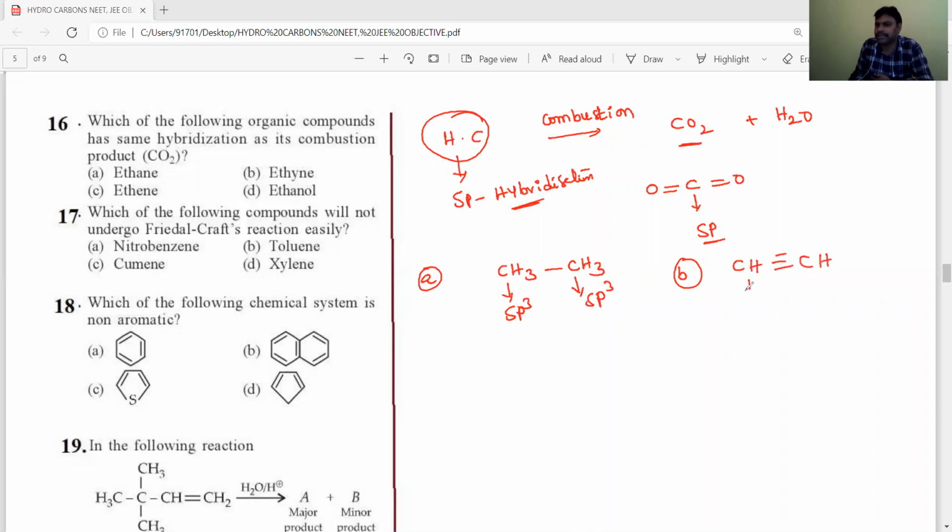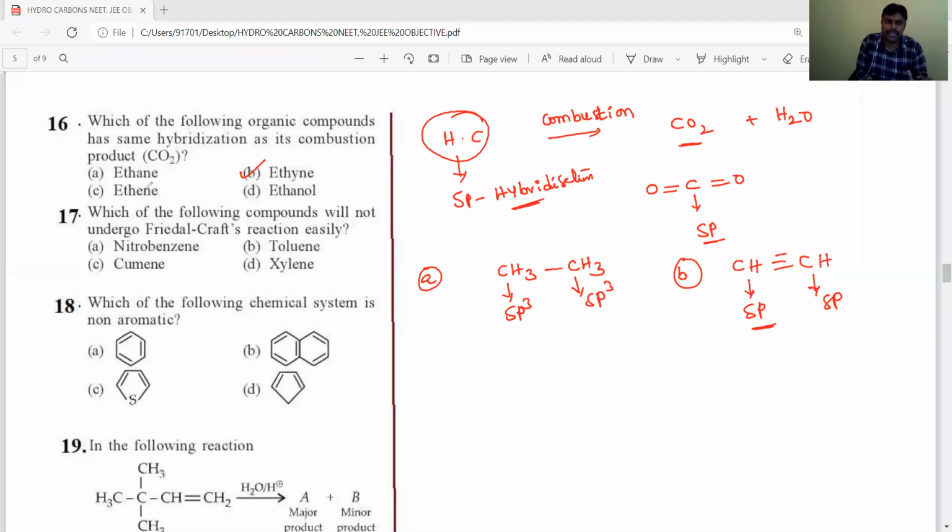Alkynes have sp hybridization. So we need to get the same hybridization as in carbon dioxide. The hydrocarbon with the same hybridization is what we need to identify. So the answer is ethyne. In ethyne, each carbon hybridization is sp.